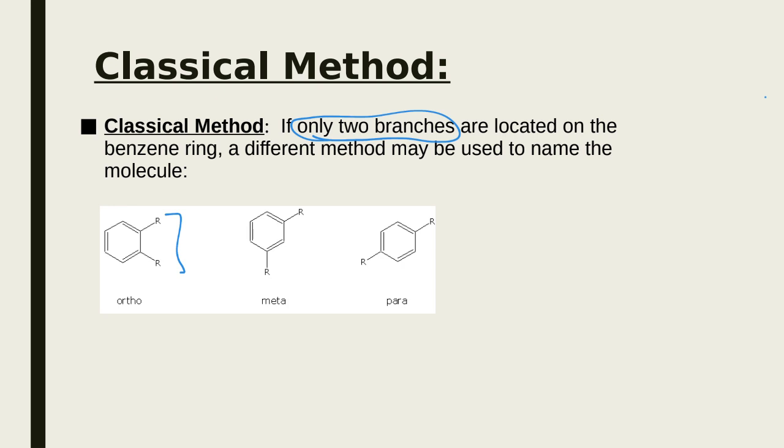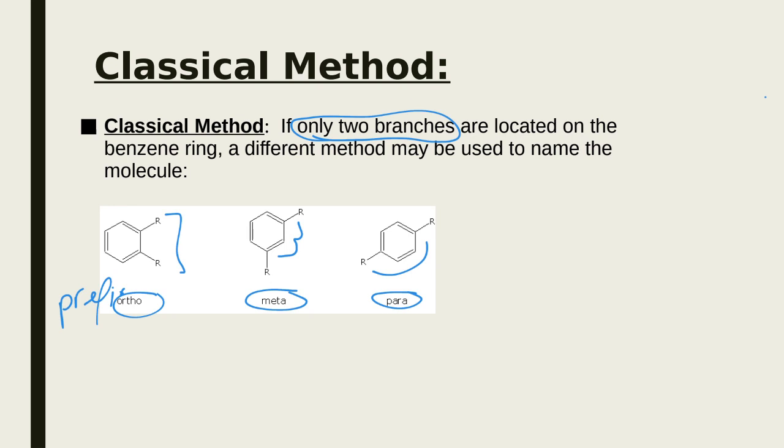When they are side by side, we use the prefix ortho to indicate that the branches are side by side. If the branches are 1 carbon apart, we use the prefix meta to indicate that. If the branches are totally opposite to each other, we use the prefix para.